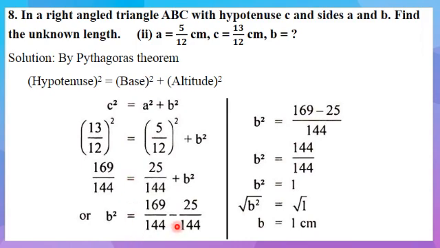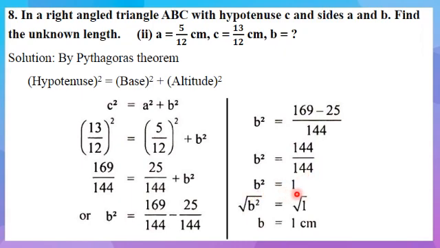It will be subtracted, and for the fractional number we will take the LCM. Both the denominators are the same, so the LCM is also the same, that is 144, and we will write 169 minus 25. After the subtraction we will have 144 upon 144, and after the division we will have b square is equal to 1.